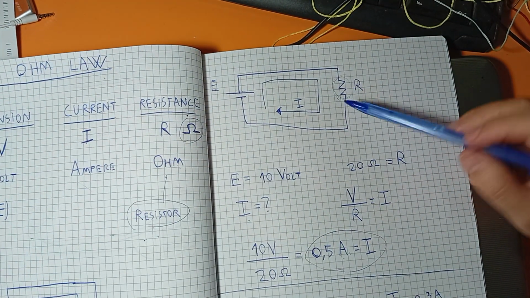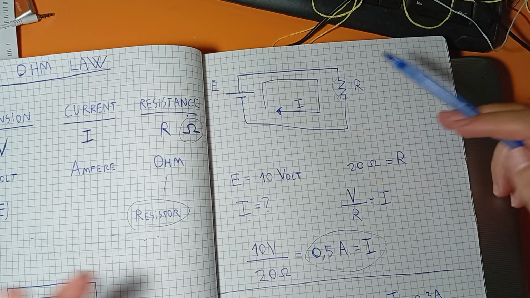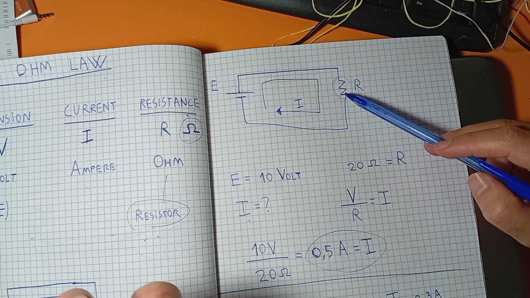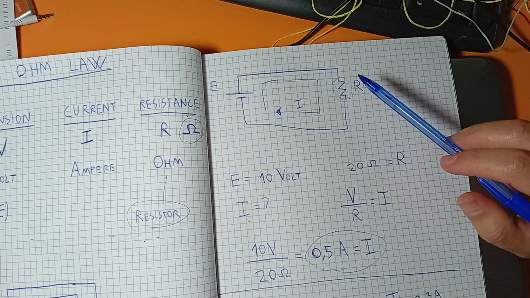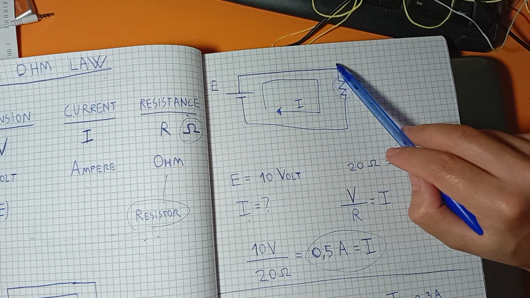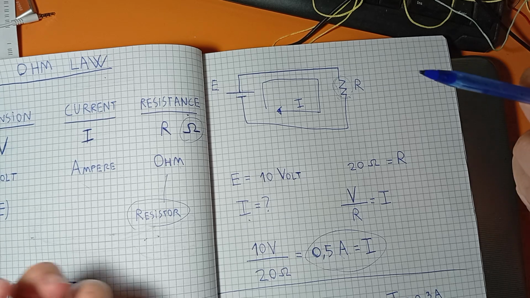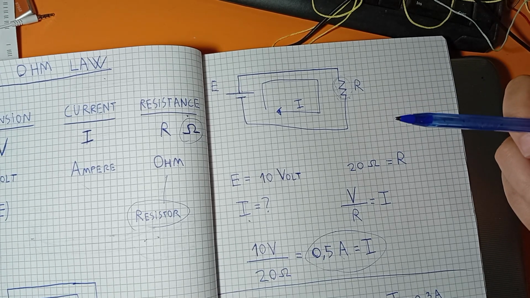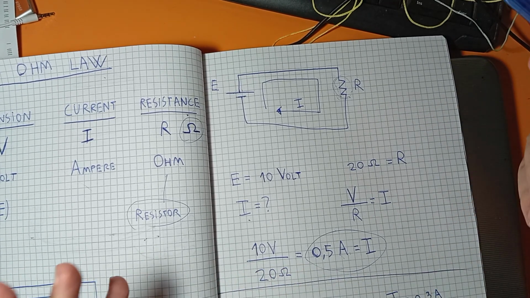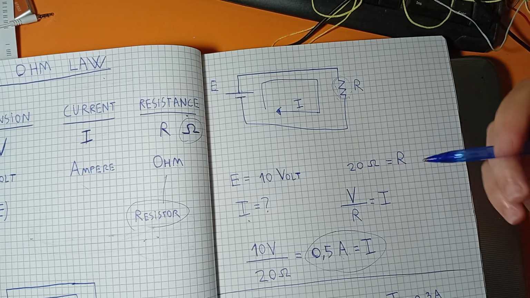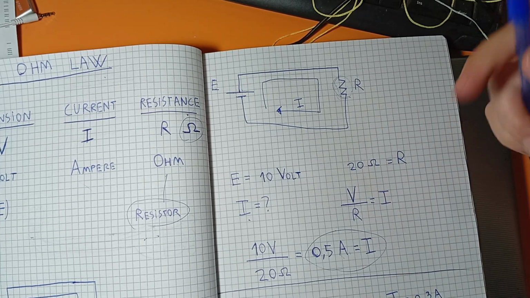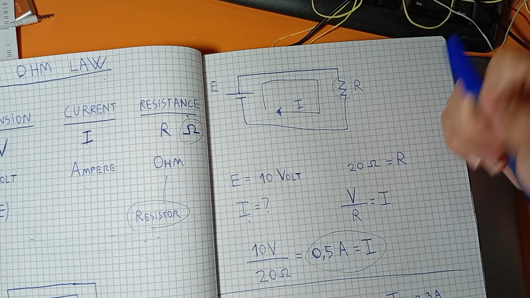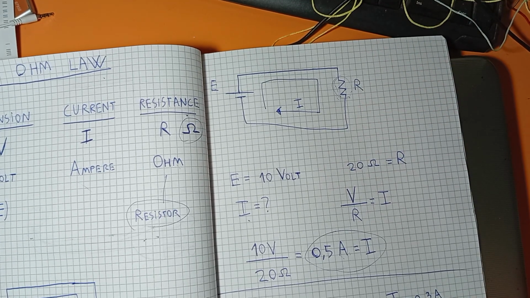The resistor is a component that particularly opposes resistance to the flow of electrons, but the wire too got a very small resistance. Even just a wire opposes a little resistance to the passage of current. So remember this. Theory and practice are not the same thing, okay?